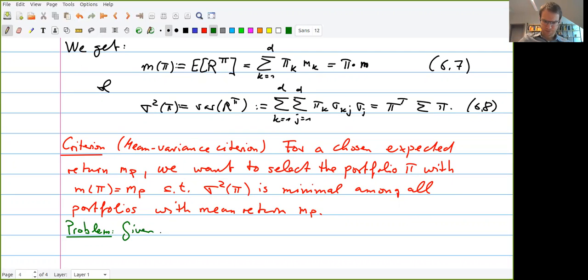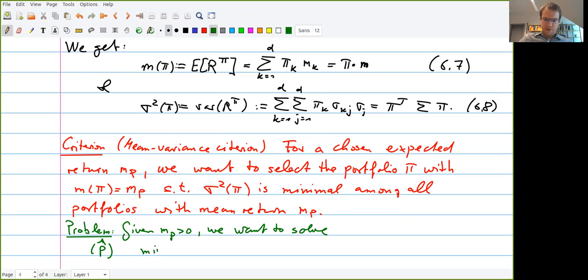So what do we have? Given this level MP, we want to solve the following problem. Let me call it P hat now, because it's a new optimization problem.